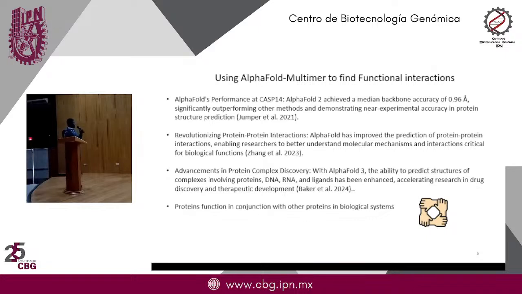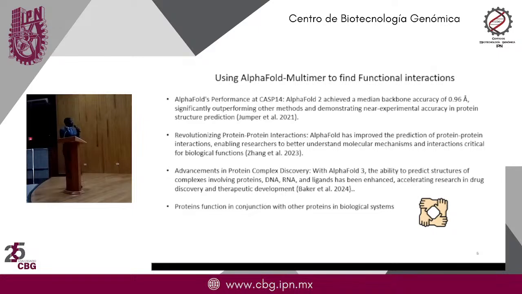Another thought very important for the work was that proteins function in conjunction with other proteins. They are a team. They don't function alone. Most proteins function together. Let's think about the flagellum, for example. It's like a machinery for movement, and it consists of a lot of proteins functioning together.